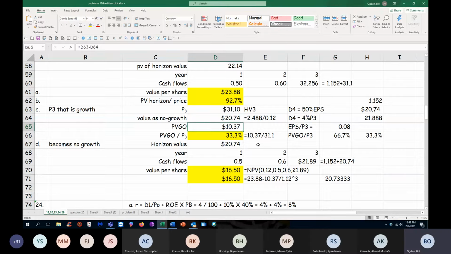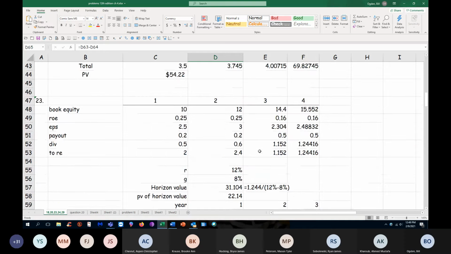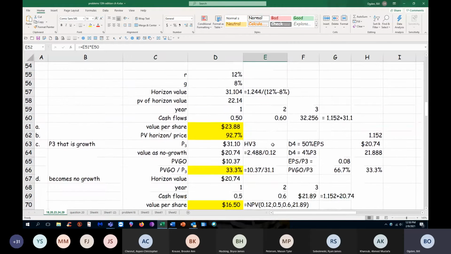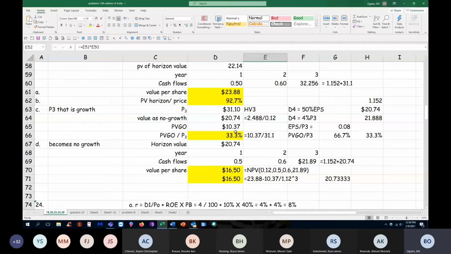All right. And so what that means is that dividend 1, dividend 2, dividend 3, but then horizon value 3 no longer includes the 10.37 for growth.